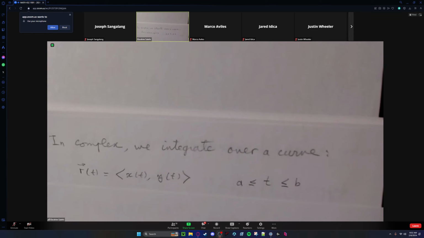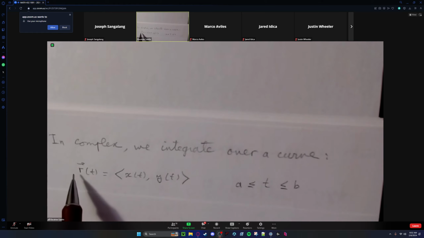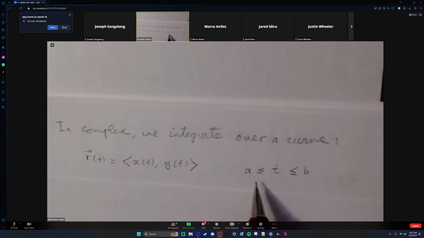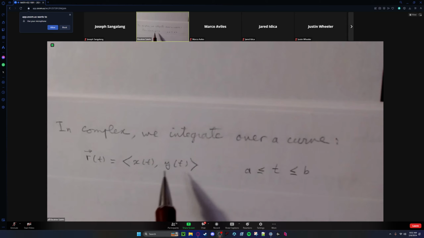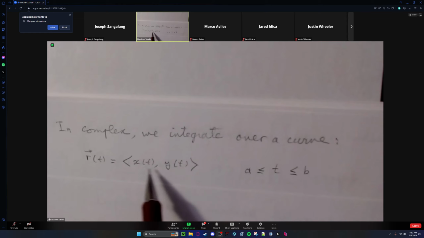So yeah, a curve is given. Here is a curve. Sometimes we call it just z(t), okay? Remember, for each t, this is going to give us a point, an ordered pair.